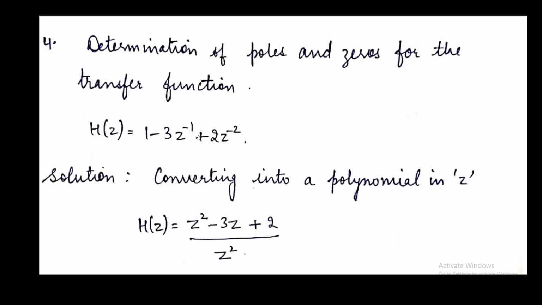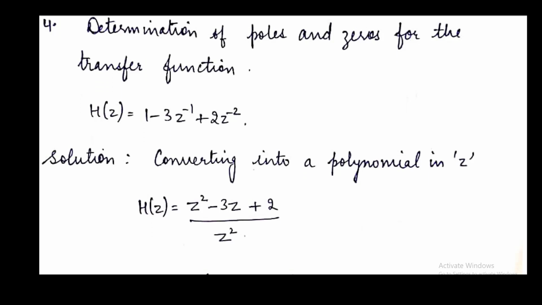So first step, we'll convert this into a polynomial in z by taking z to the power minus 2 common. It will become in the numerator z square minus 3z plus 2, and that z raised to power minus 2 which we have taken common will come in the denominator as z square.